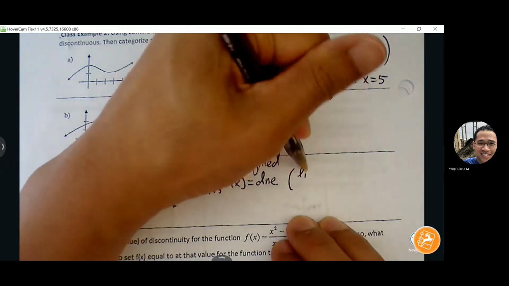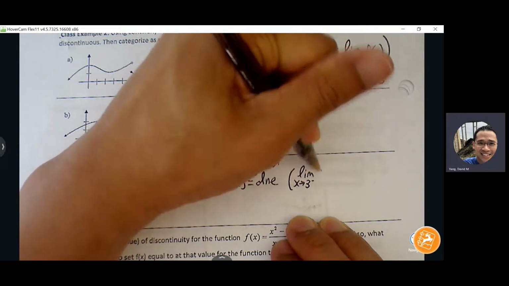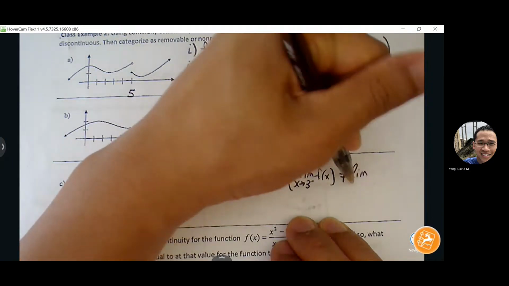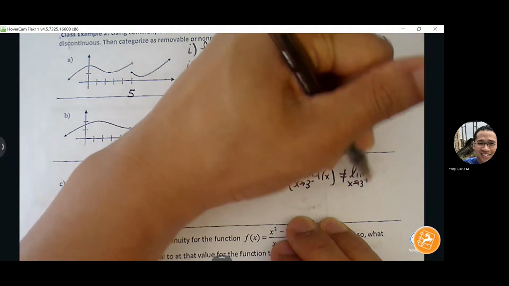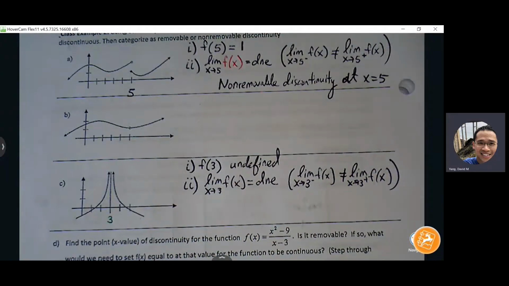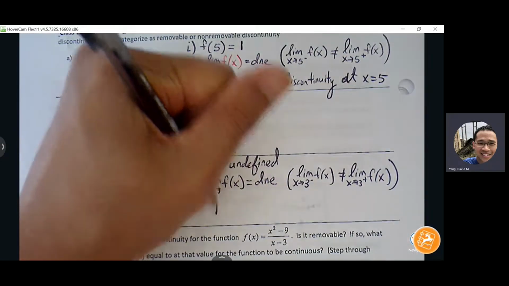We can step into our one-sided limits. Say that they are not in agreement, even though they're both showing positive infinity, that's not a real number, so that's why we can say that they're not. Do we need to go any further? If the second condition fails, we stop. We can subcategorize it.